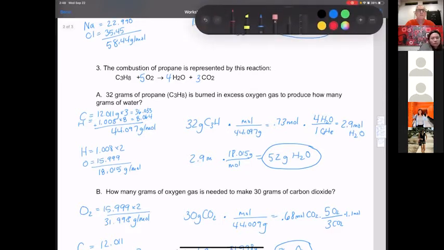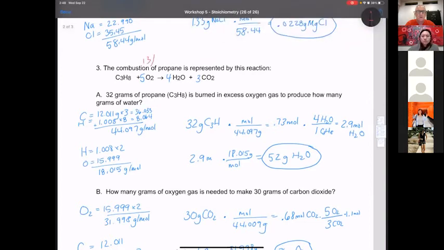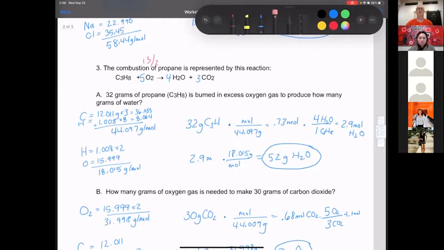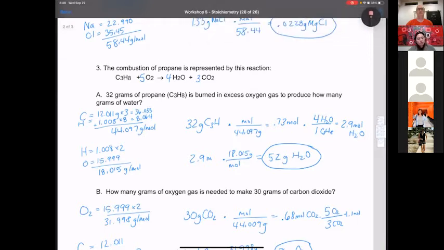Oh, you wondered if you balanced it properly? No, you balanced it properly. But I don't know what the question was. Well, when we did it together in class, I think it was 13/2 for oxygen. Oh no, that was for C4H10. Okay, that's why I was confused.